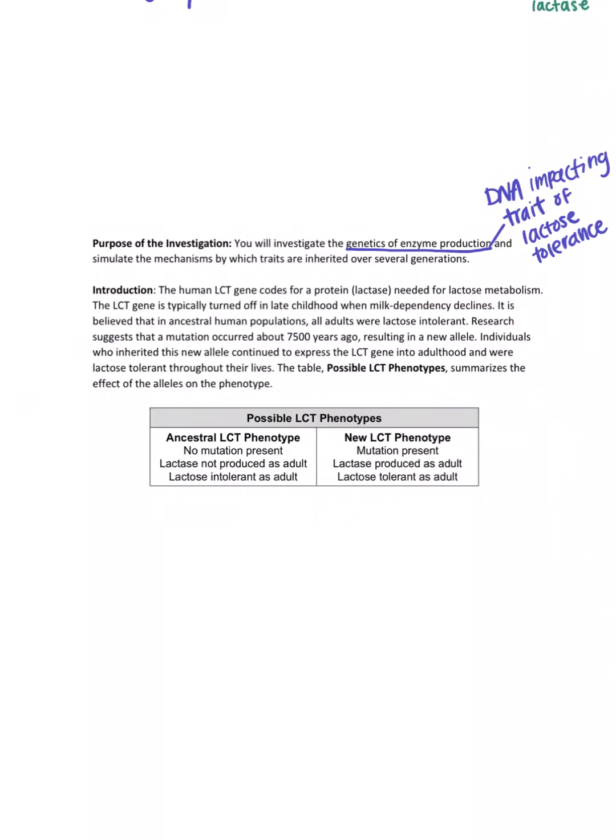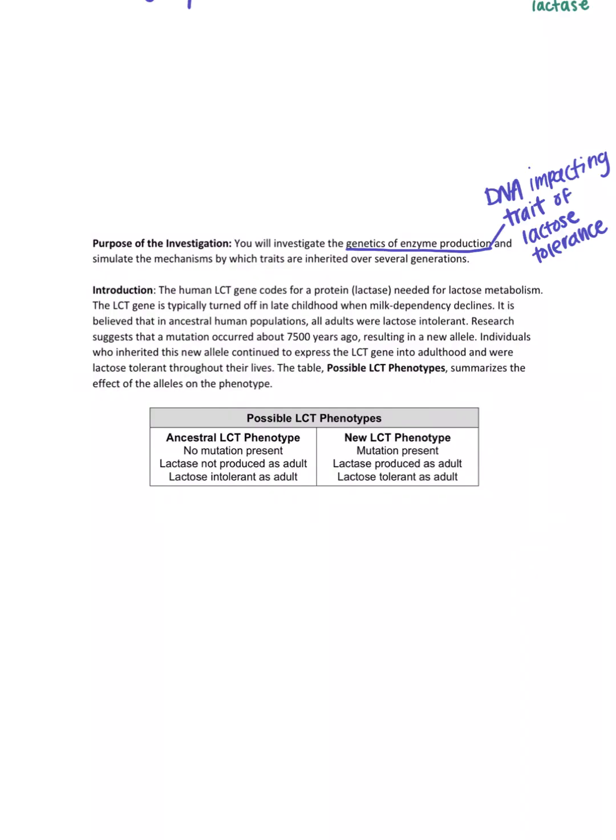All right, so to bring it back to our investigation, it says you will investigate the genetics of enzyme production and simulate the mechanisms by which traits are inherited over several generations. Introduction. The human LCT gene codes for a protein, lactase, needed for lactose metabolism. The LCT gene is typically turned off in late childhood when milk dependency declines.